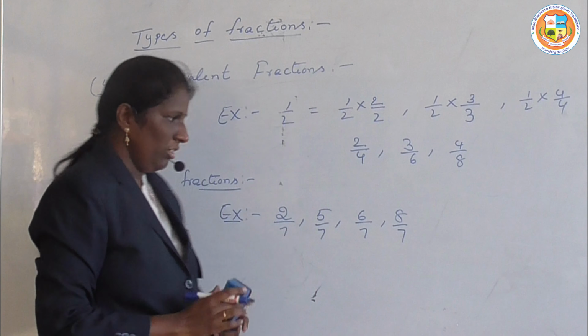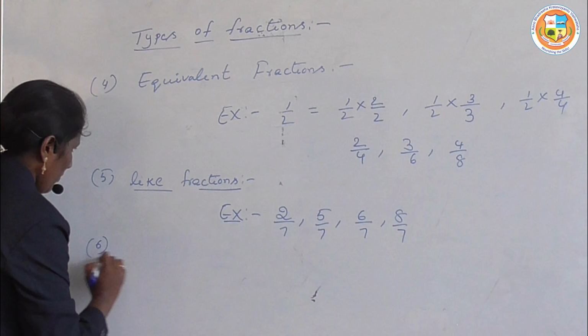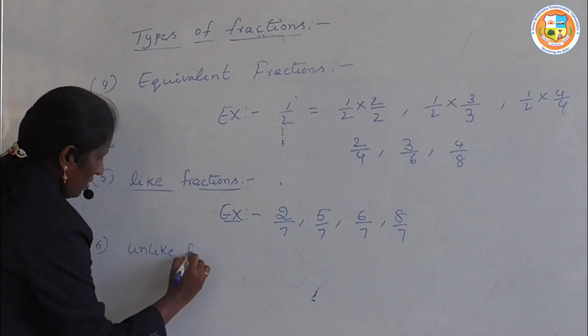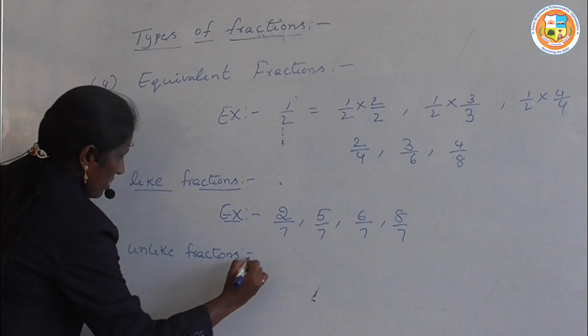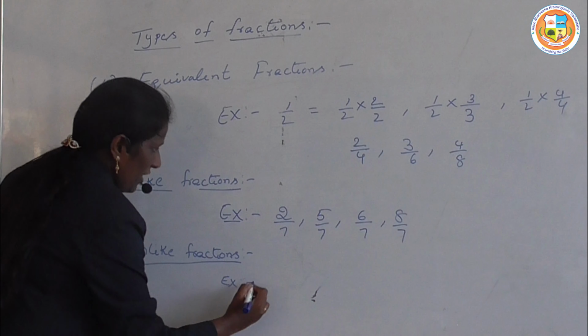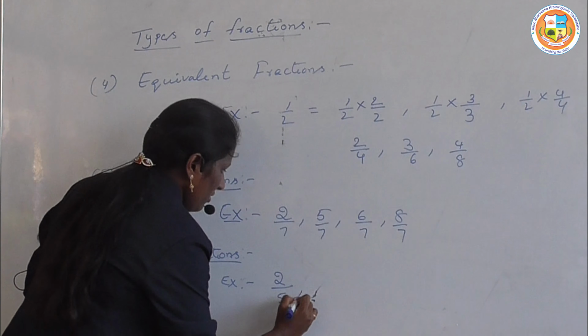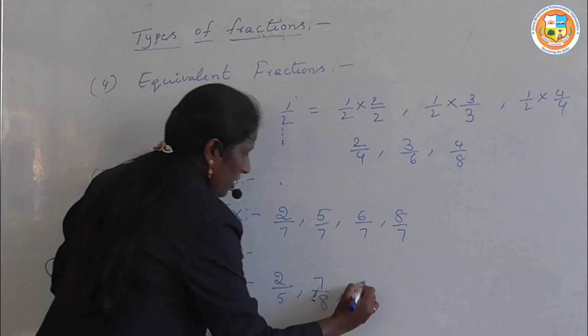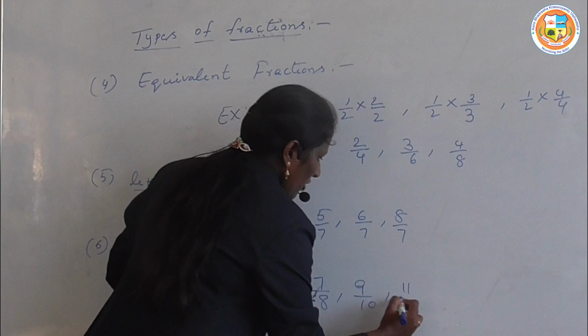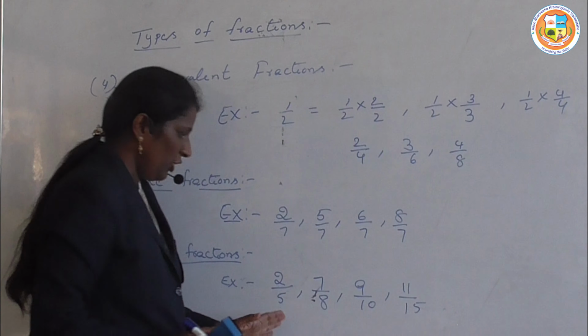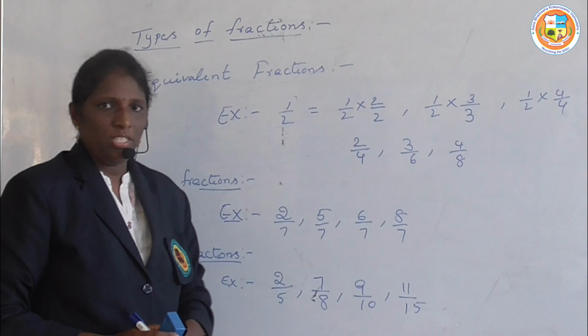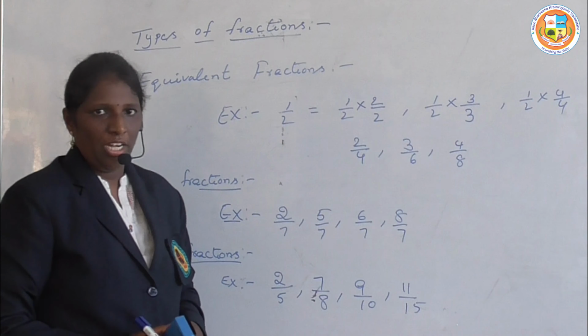Next, unlike fractions. Unlike fractions are fractions that have different denominators. For example, 2 by 5, 7 by 8, 9 by 10, 11 by 50. Observe that the denominators are different, so these are called unlike fractions.